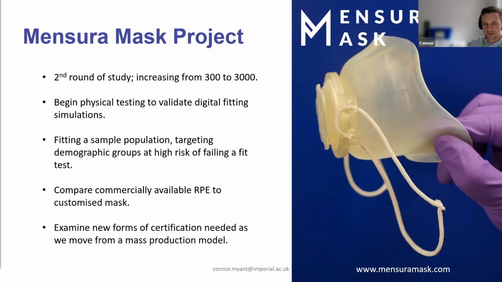Just go to the Mensura Mask website, and all the information and instructions are there on how to participate and what's required. And of course, if anybody wants to contact me as well, please do. So that's currently ongoing, and I think from this larger study we'll have more statistical relevance to be able to make these statements about overcoming bias.